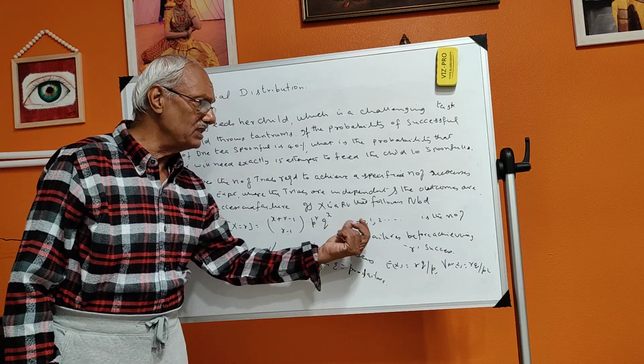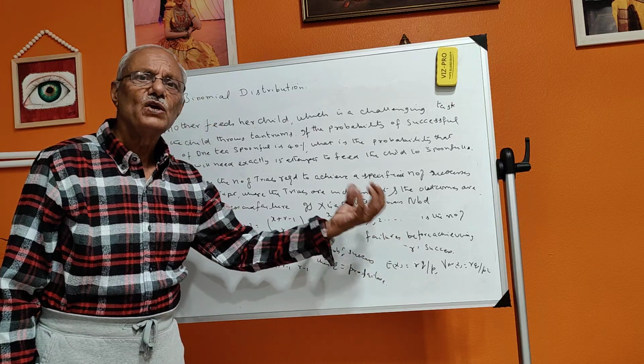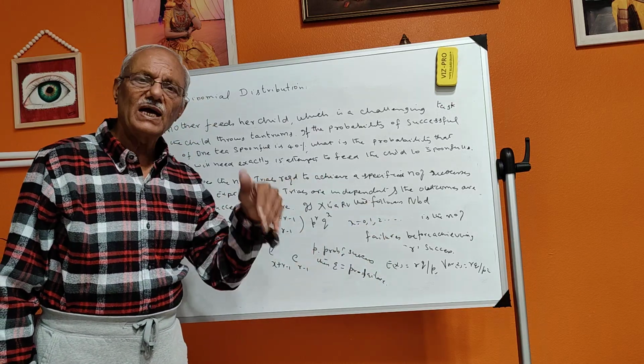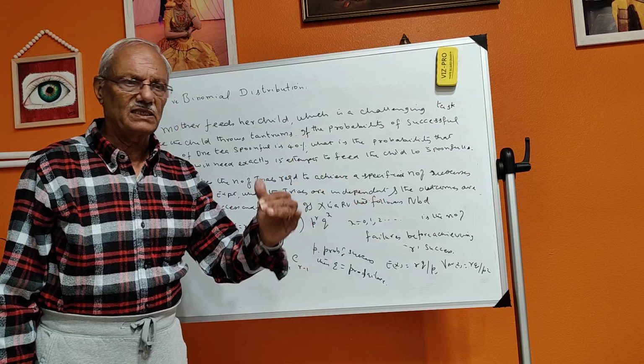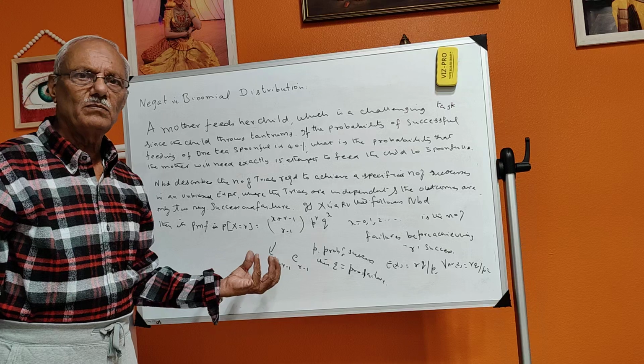That means x equal to 0, 1, 2, 3 are nothing but the failures that come before achieving the specified r number of successes. So this is the probability mass function.